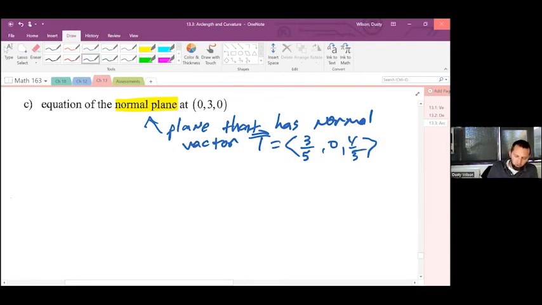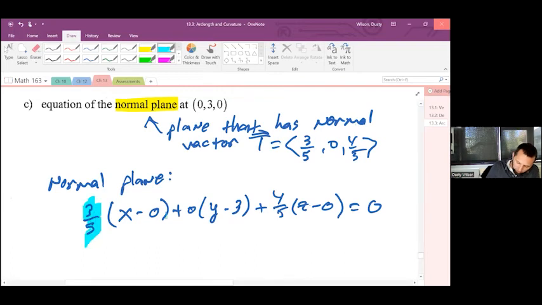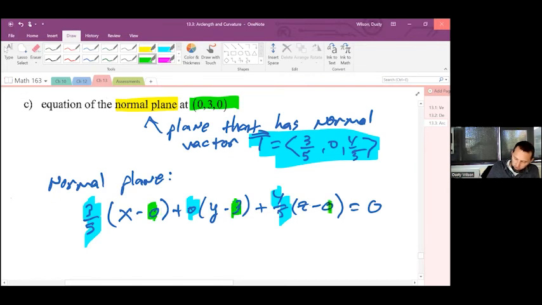And so our normal plane will simply be 3/5 times (x minus 0) plus 0 times (y minus 3) plus 4/5 times (z minus 0) equals 0, where the 3/5, 0, and 4/5 are coming from the unit tangent vector, and the 0, 3, 0 are showing up in the equation here.